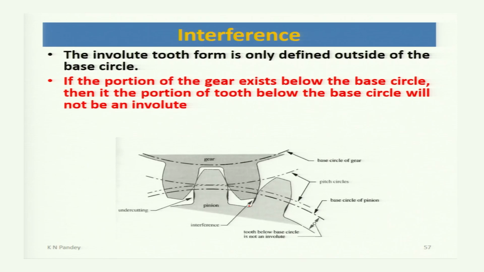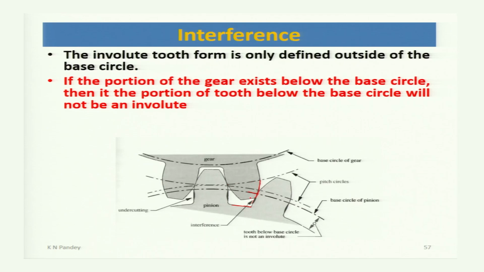So, if the base circle is above the dedendum circle, like this is the base circle and this is the dedendum circle, this part of the gear tooth is non-involute. Now, for the mating gear, this part of the profile is involute because it is above the pitch circle.